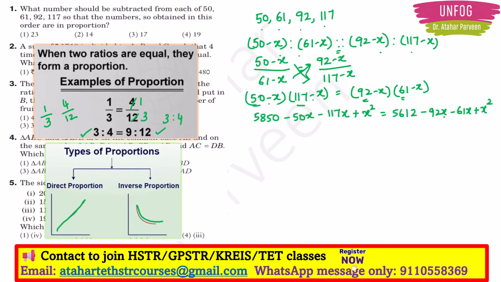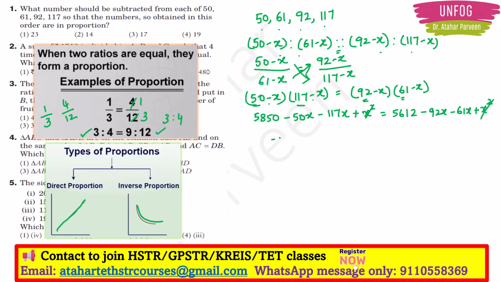Here, can anything cancel? Yes, x square will get cancelled. Then if I put all the numbers on one side and the x terms on the other side, what will be the scenario?